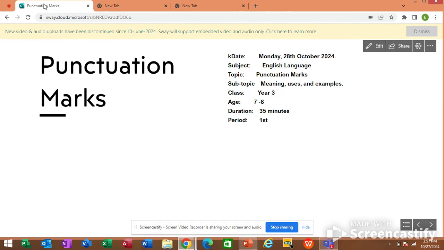Previously we looked at parts of speech. I hope you still remember some of the parts of speech that we looked at. When we learned about noun, we said proper nouns are names of people, places, days of the week, months of the year.